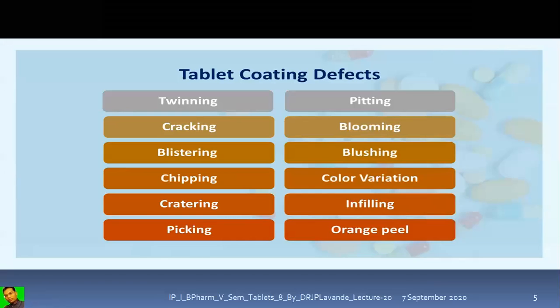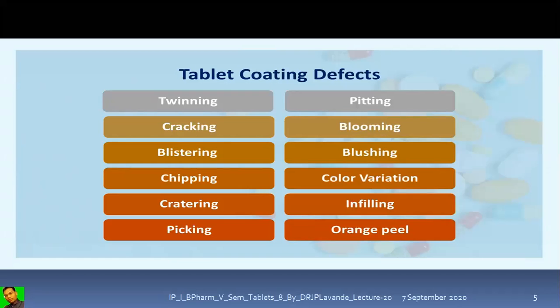We saw the different ways of producing granules, the different methods of granulation, that is wet granulation and dry granulation. Then we went through the process of compression, how it occurs, compression, consolidation, and the single station and multiple station machinery.